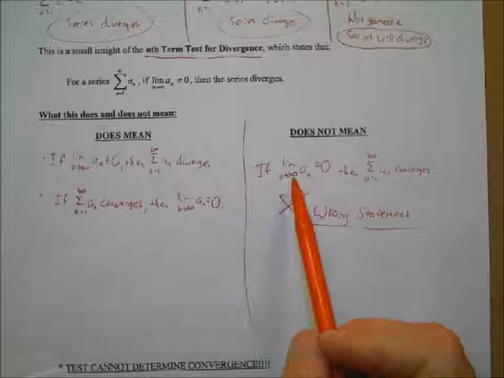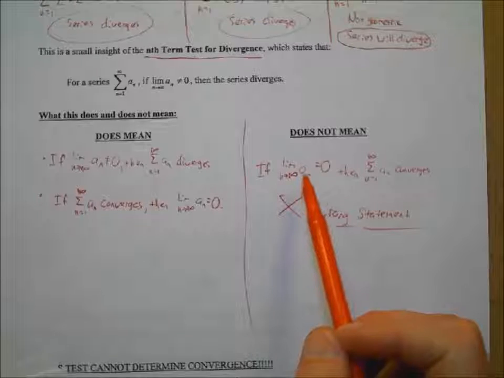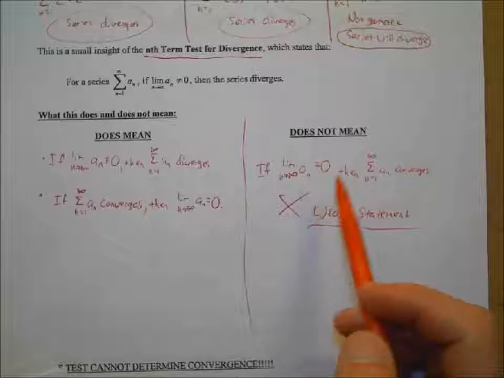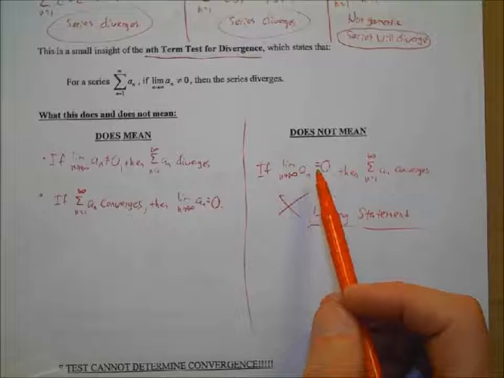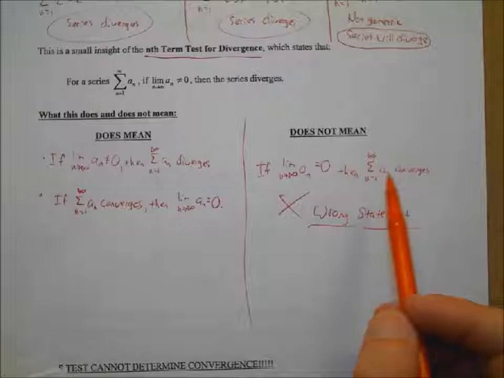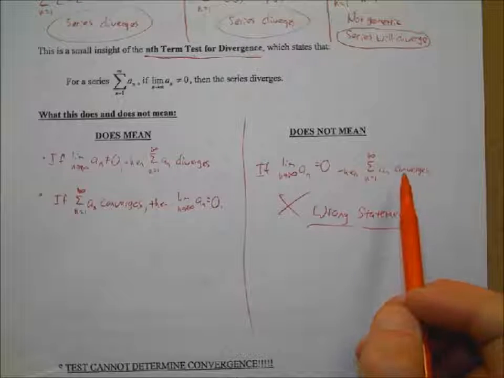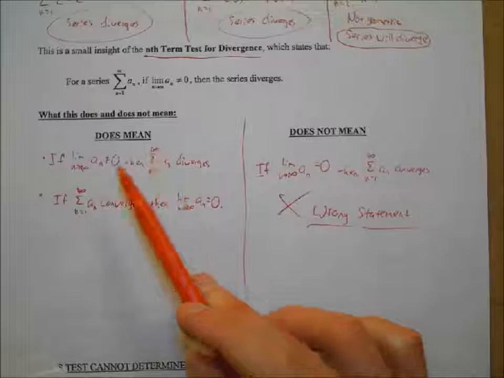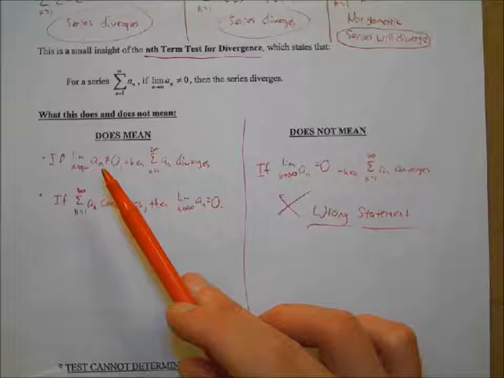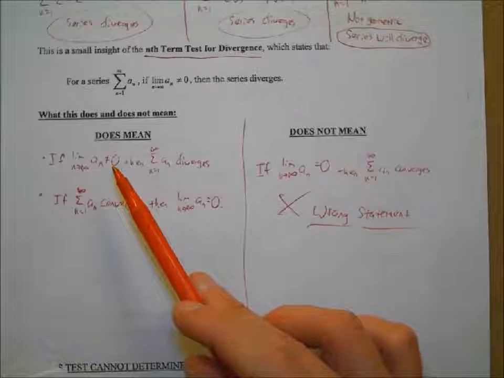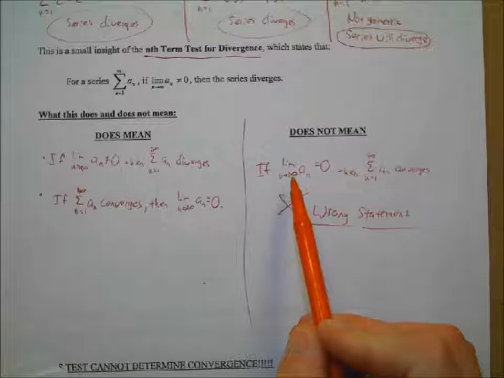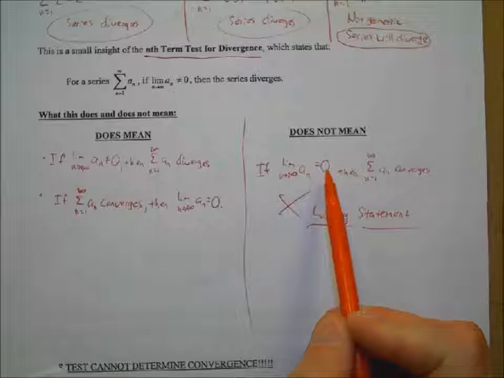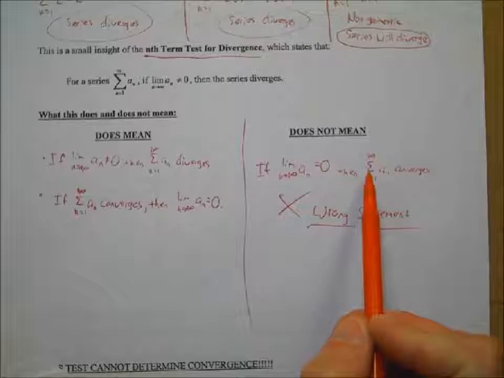But if the limit as n approaches infinity of a sub n is equal to 0, that does not necessarily mean, and that's the key, that the series then converges. If the limit of the sequence is not equal to 0, then you know for sure the series will diverge. But if the limit of the sequence is equal to 0, it doesn't guarantee that the series will then converge.